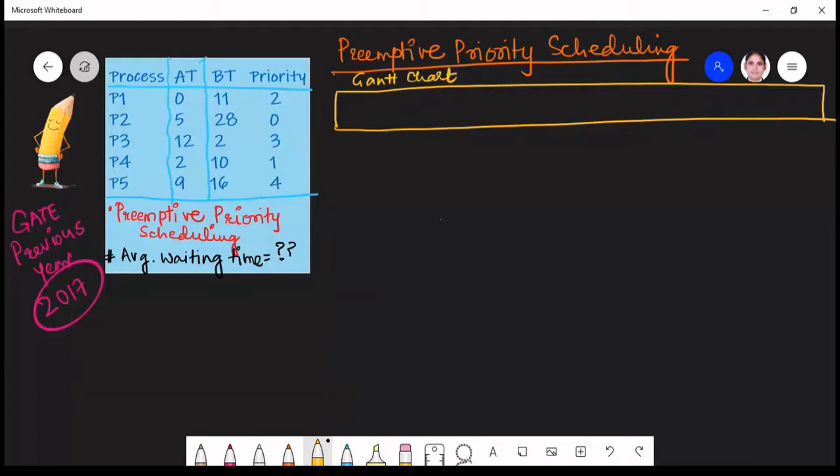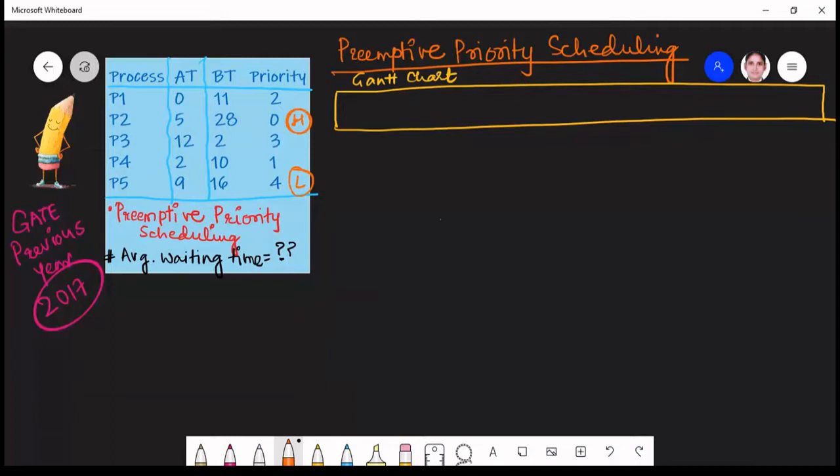As it has said that we have to apply preemptive priority scheduling, you can see the process having the highest priority is P2, and the process having the lowest priority is P5. Now, according to the priority scheduling algorithm, P2 has to occupy the CPU first.